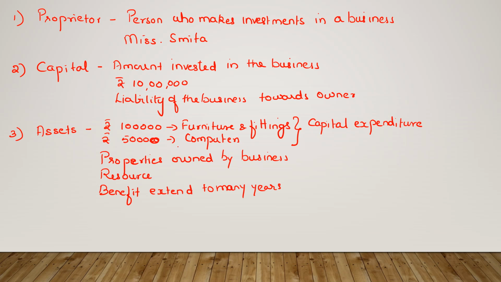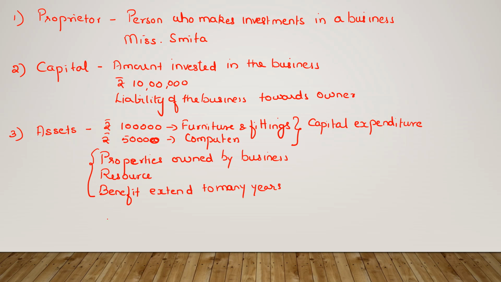It is going to be used as long as it is capable, it is in working condition, it can be used, and the benefit of it is going to be available to the business for many years to come. And therefore, those type of things are called as assets.